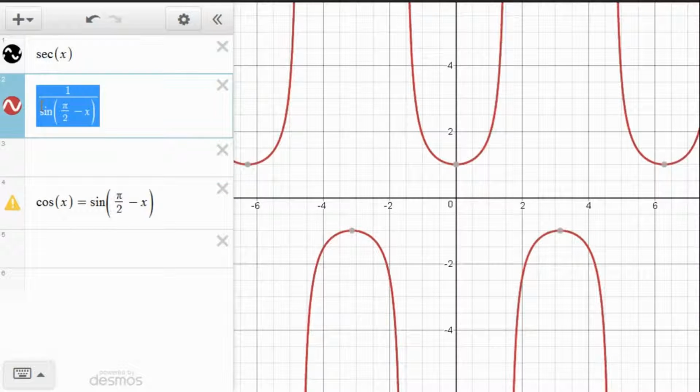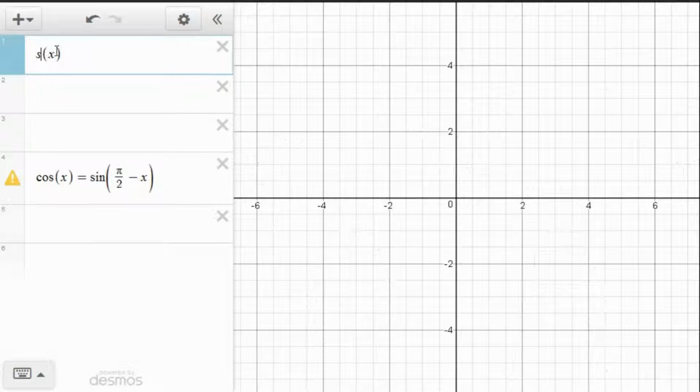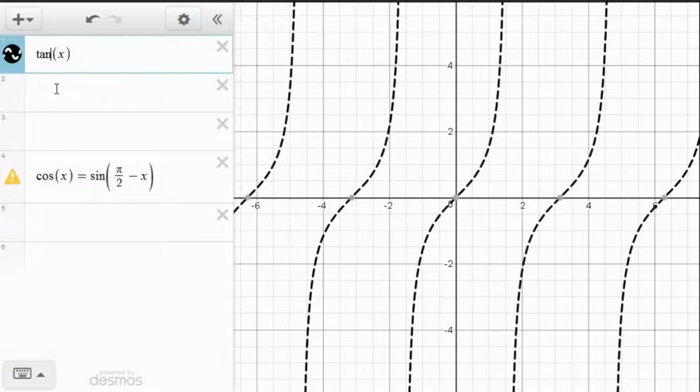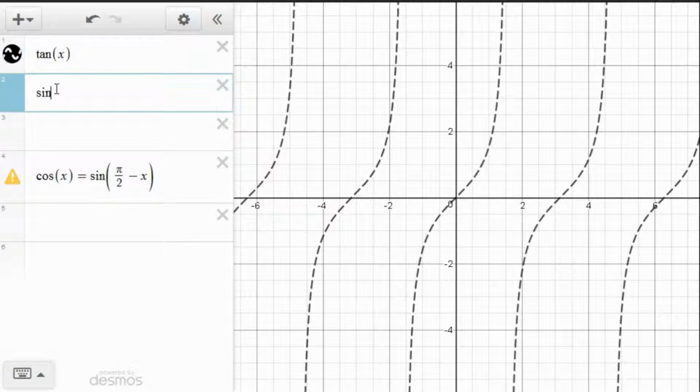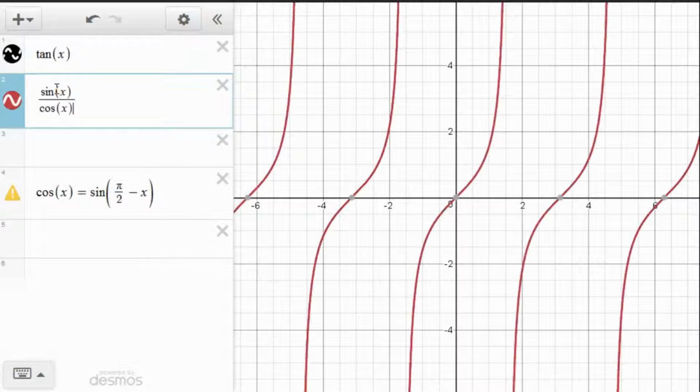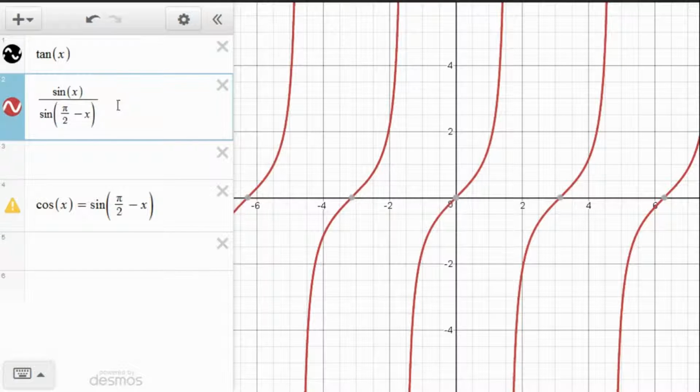So we'll move on to tangent of x. Tangent of x is of course the same thing as sine of x divided by cosine of x. And again, just subbing in for cosine of x, we can reproduce the same graph.